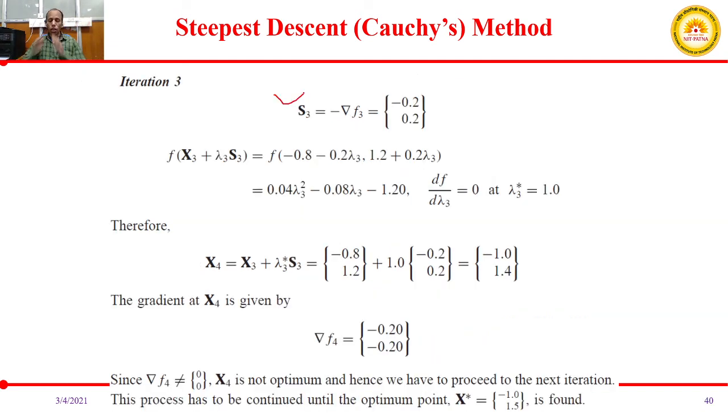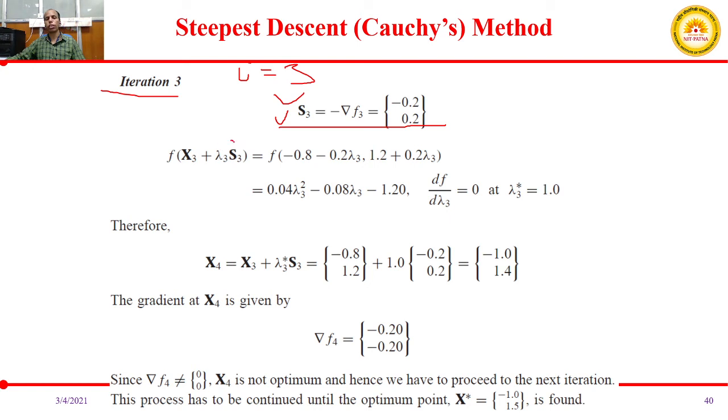S3 will be, sorry, S3 will be minus gradient of f, this is iteration number 3. Now our i is equal to 3. Repeat the same process: S3 equal to minus gradient of f3, which is now minus 0.2, comma 0.2. Put these values, and get the next optimum value of your step length in search direction S3.